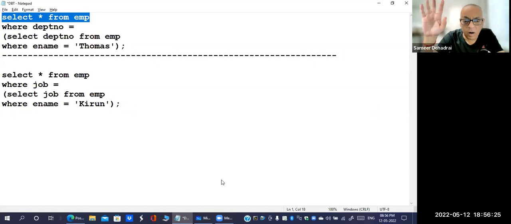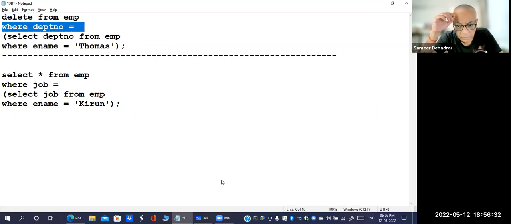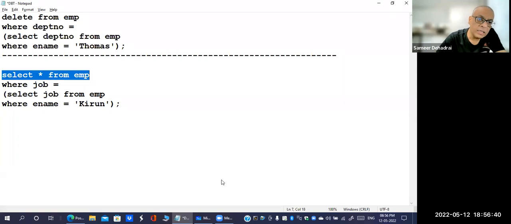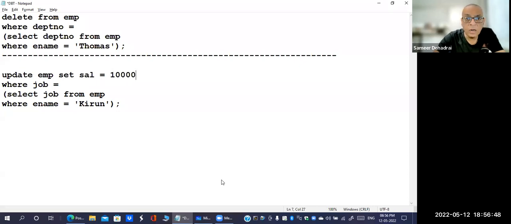For example, here, I can say delete from EMP where department number equal to this will delete all the rows, same department number as Thomas. Or in this example, I will say update EMP set sal equal to 10,000 where job equal to subquery will update all the rows, same job as Kiran.